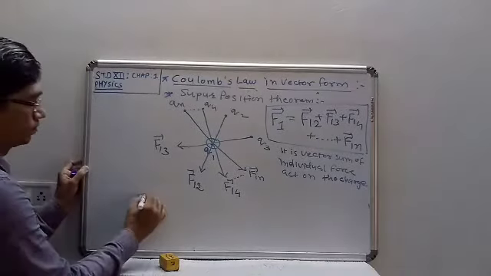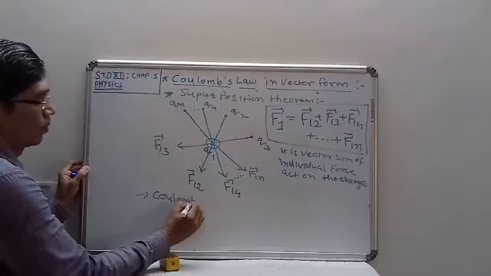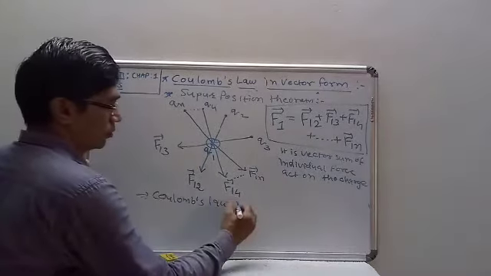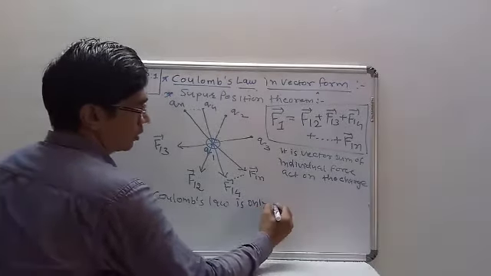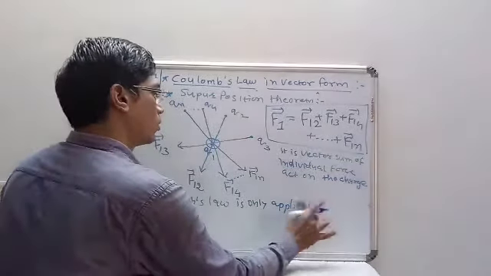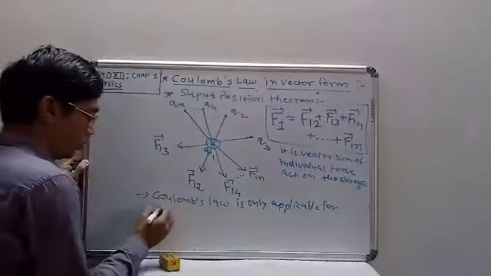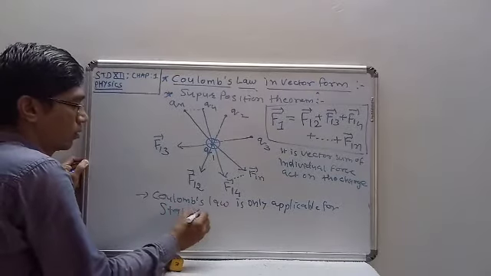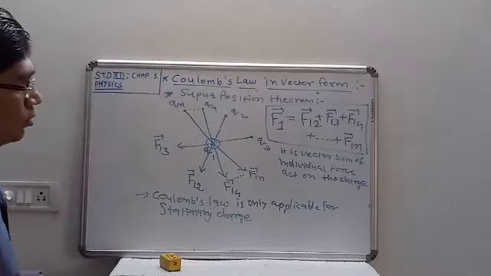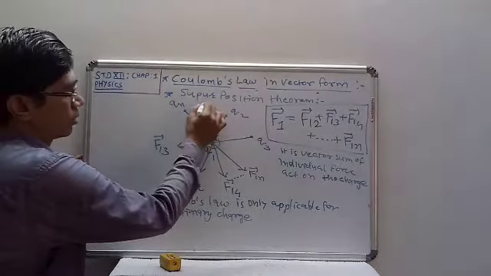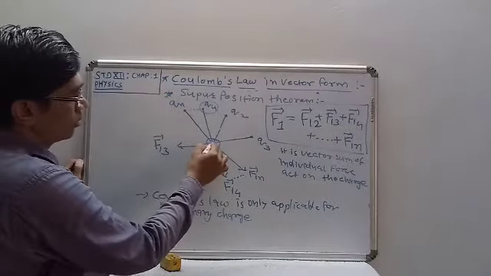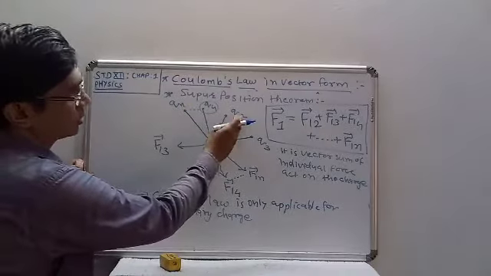Another interesting topic about Coulomb's law is that Coulomb's law is only applicable for stationary charges. The other charge does not make an effect on the electric force due to another charge.